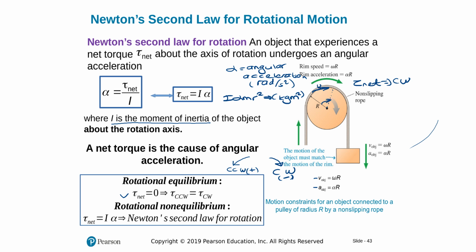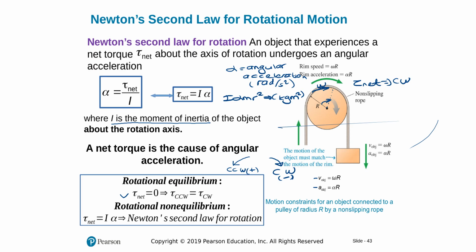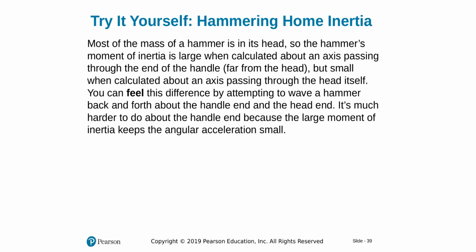That would be angular velocity. Here is a list of moments of inertia for common shapes, and I'm going to solve some problems now.